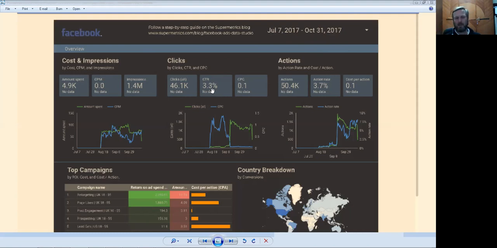Now, in the theory of advertising, if this was not Facebook but YouTube, was the ad in the beginning, in the middle, or at the end of the YouTube video? Normally at the end of a YouTube video, you get more people clicking through. But if the video was not interesting, then a lot of people just drop off the video before even viewing your ad. Cost per click is 0.1.